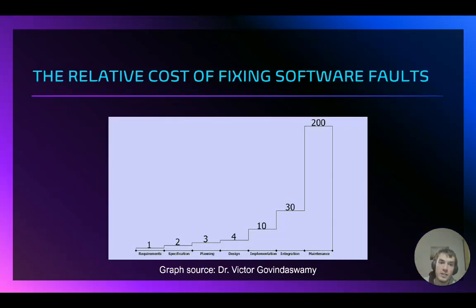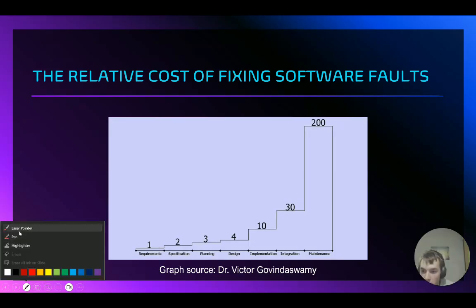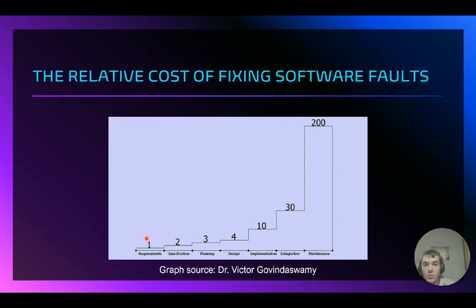Let's look at the relative cost of fixing software faults. So let's assume that you're making an error relatively early on in your project. So you're making an error towards the start when you're planning out your project. Well, if you catch that error early, like during the requirements gathering stage, it's going to take one unit of effort. So this is all relative.